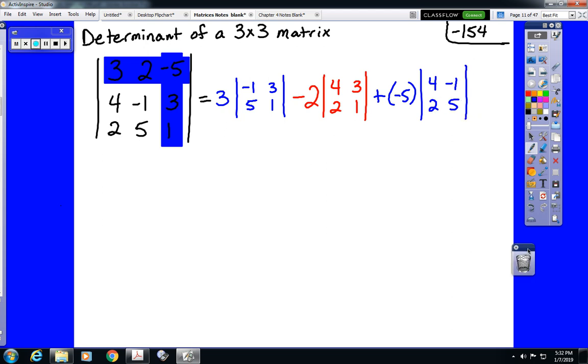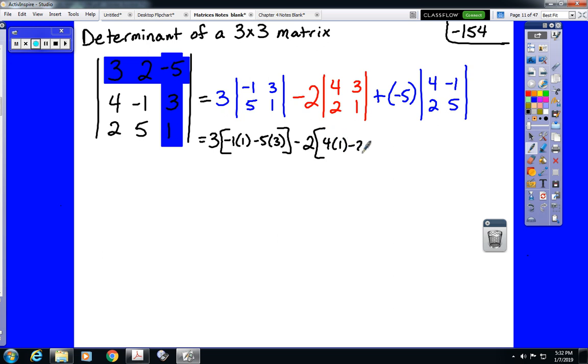So now what I'm going to do is go in and do these multiple mini problems. There's 3 smaller determinants now that I need to do. So I have 3 times, and then I do that matrix, which would be -1 times 1 minus 5 times 3, -2 times 4 times 1 minus 2 times 3.